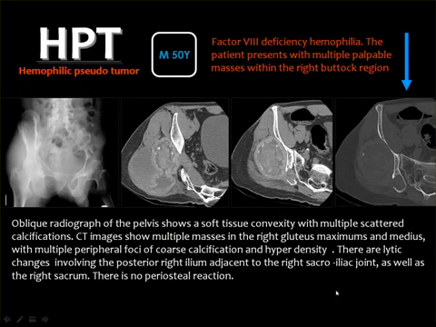And this is another example of a hemophilic pseudotumor in the iliac bone. This is associated with an osteolytic lesion in the posterior aspect of the iliac bone, as well as a big extraosseous soft tissue component. It's not clearly seen in the plain radiographs, but you can see the lesion in the CT scan.